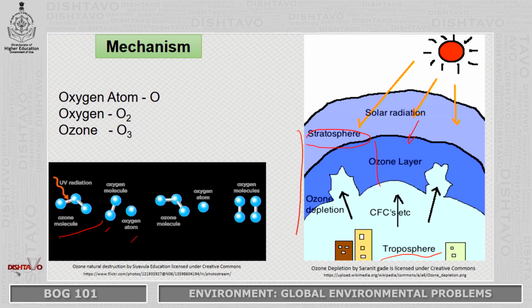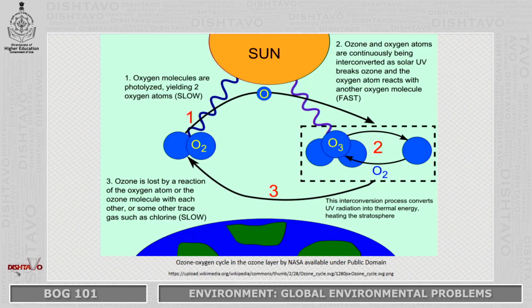Now, when does the problem come? The problem comes when there is anthropogenic activity happening. Let us understand this process in a better way. When the sun rays come down, as I have just explained, the oxygen molecules are photolyzed by the light, yielding oxygen atoms.